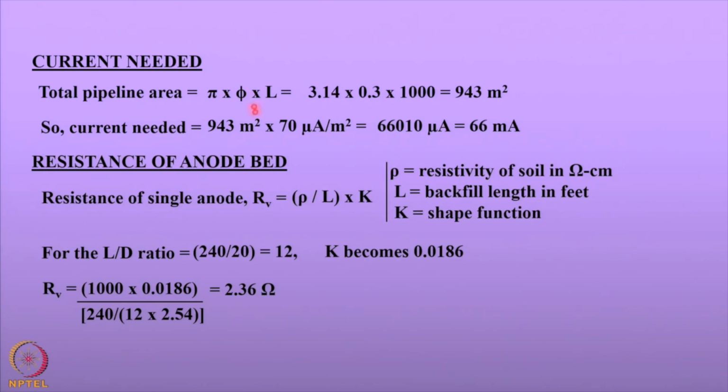The equation is well known to us, and so when you substitute all these values, the resistance offered by one anode turns out to be 2.36 ohms. And we need to now decide how many anodes are required so that the sacrificial anodes can protect the pipeline satisfactorily.